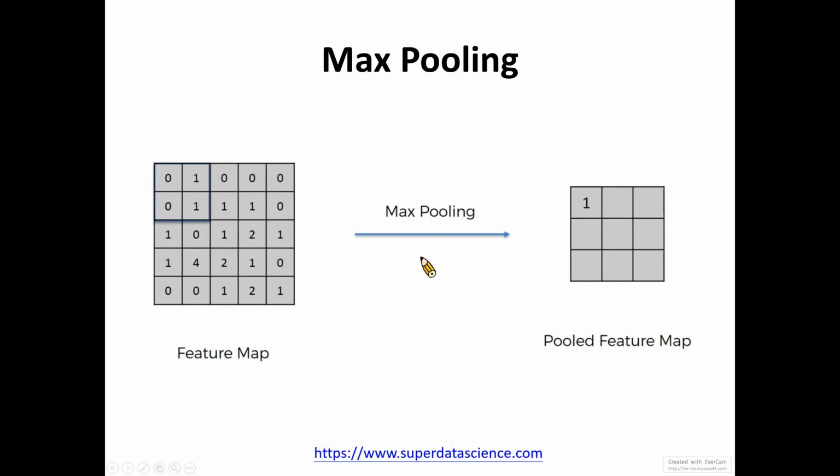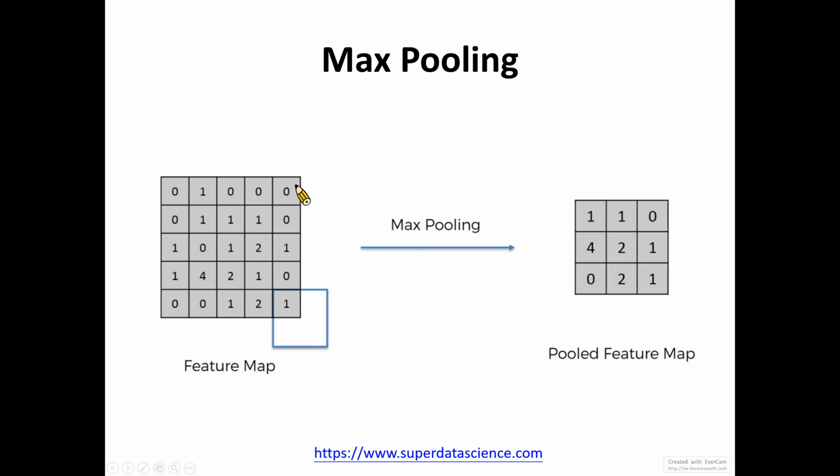So the max pooling will try to find out the common features in the feature map. You can see that for this feature map, we will find the maximum value of these regions, which is 1. And you can do this one by one, so this one is 4 because it contains this largest number here.